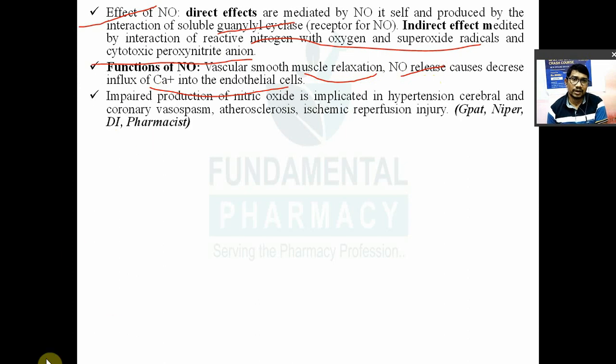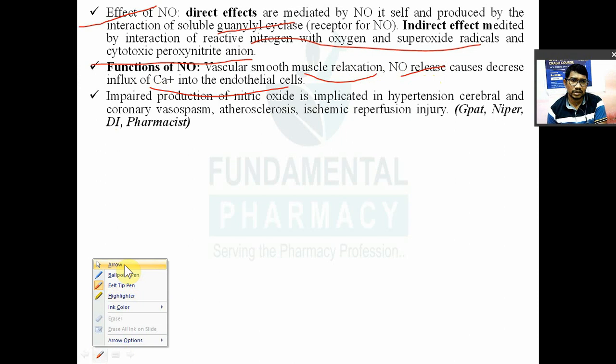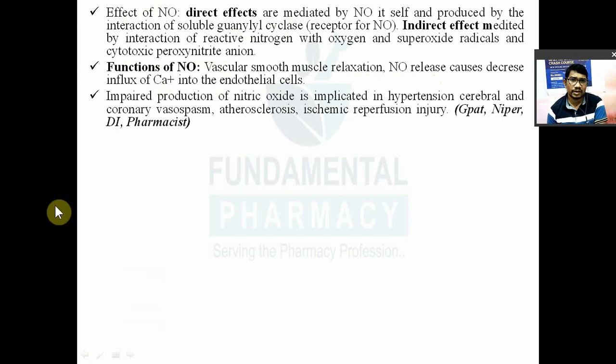Now impaired production of nitric oxide. If there is impaired production of nitric oxide due to damage in the vascular endothelium, आपका endothelium layer जो blood vessel का वो damage हो गया है, so there is impaired production of nitric oxide. Now impaired production of nitric oxide is implicated, मतलब क्या? It is impaired in hypertension, then cerebral and coronary vasospasm.